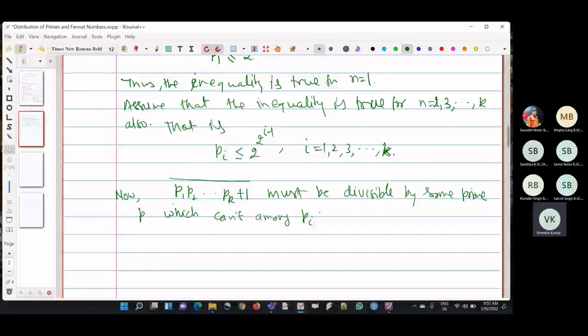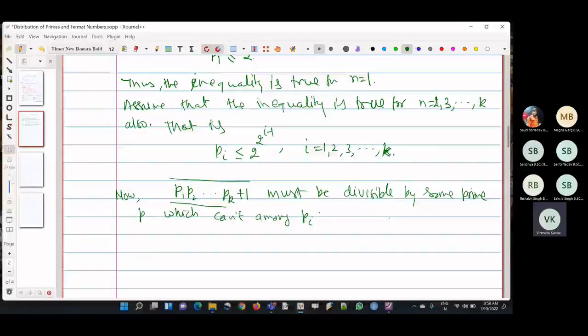If you take just the product, then each pi is a divisor of p1, p2 up to pk. And because the pi's are prime, there will be no other factor of them. And we are just adding 1.